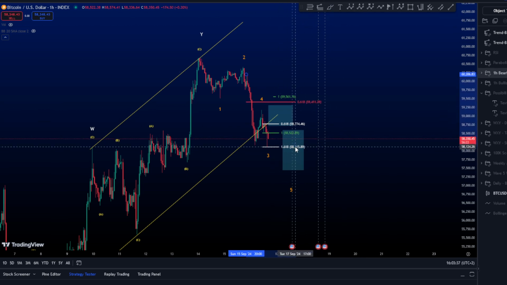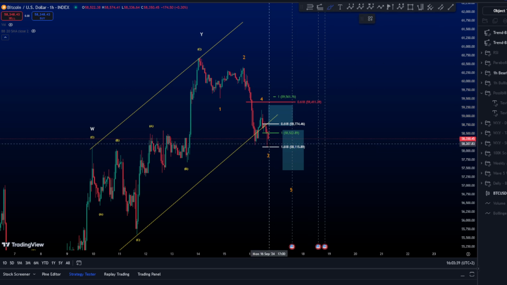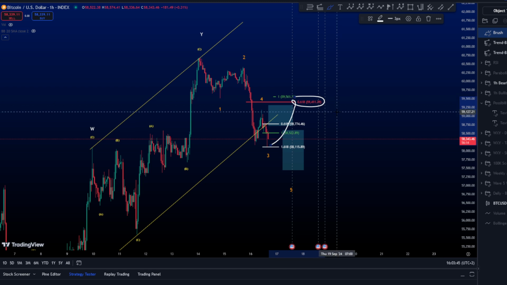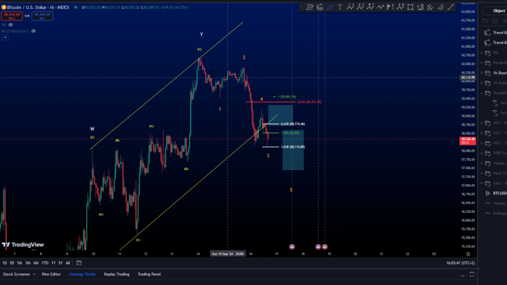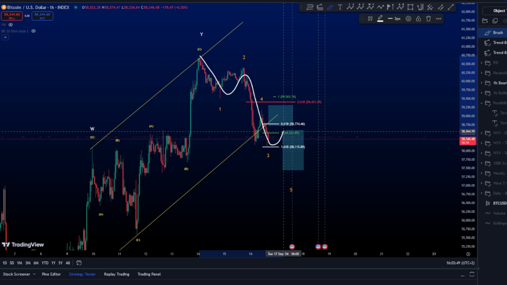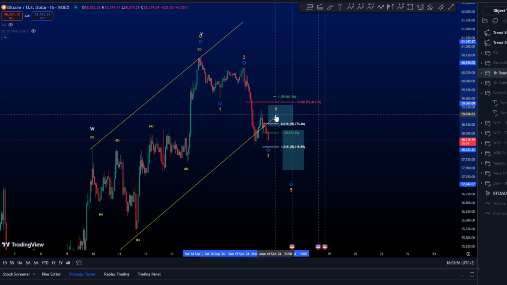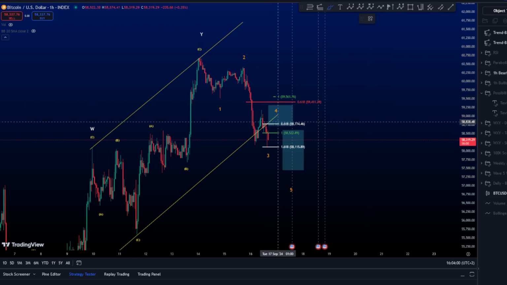By all means, if the price moves up and touches this level at 59,400, that means your impulse is invalidated and we might see a reversal. However, until that happens, we need our wave 4 to finish somewhere in this area here with the time as well, as you can see, which has started.